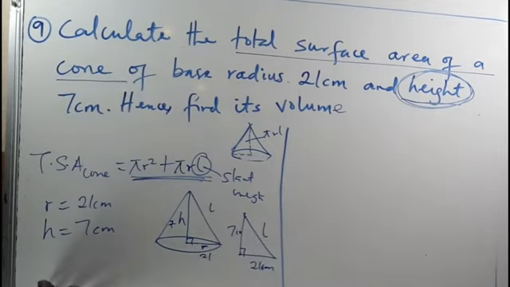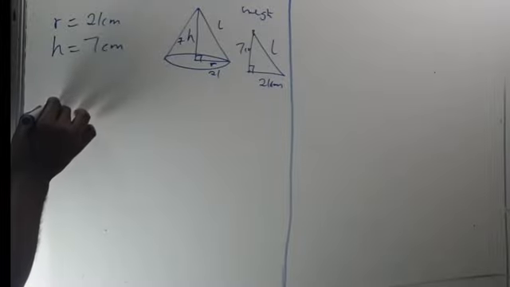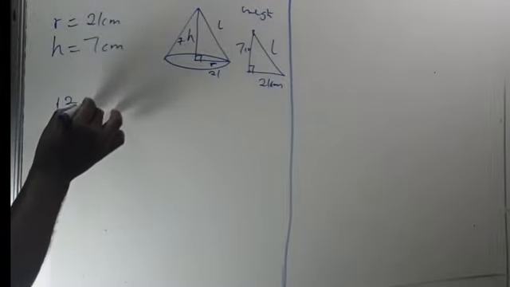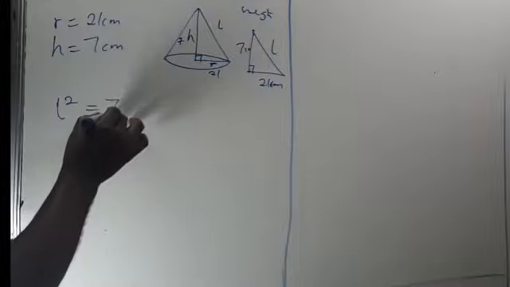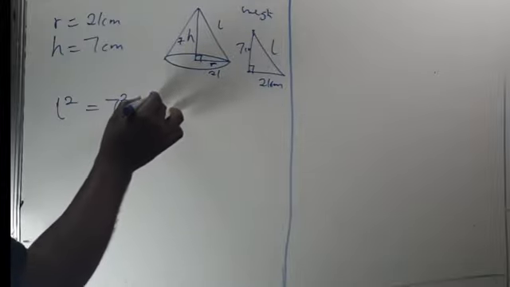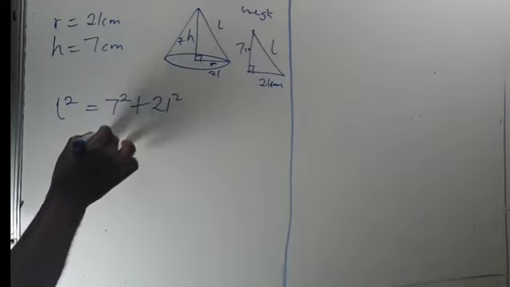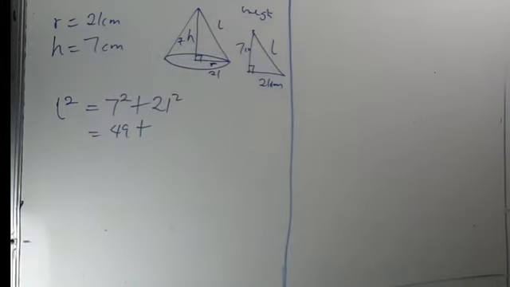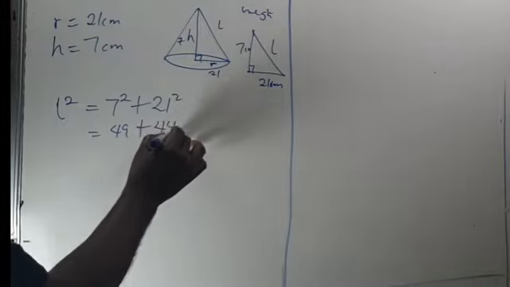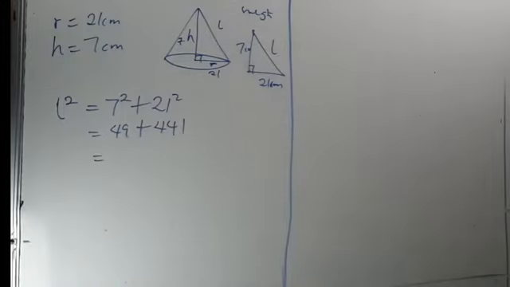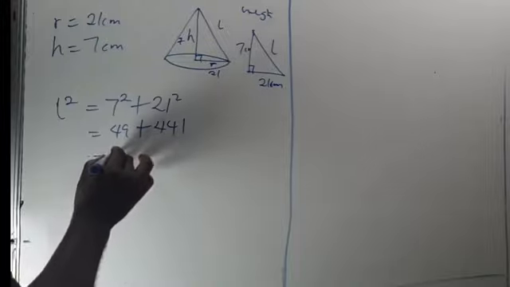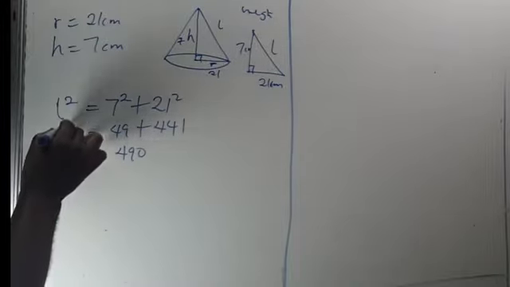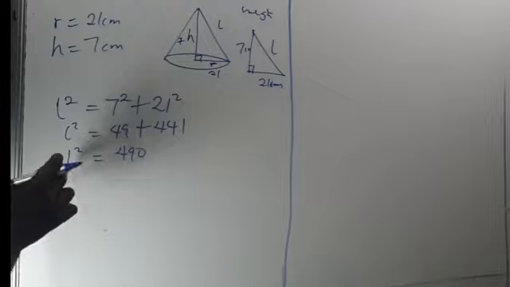So L squared equals 7 squared plus 21 squared. This gives 49 plus 441, and adding them together gives 490. Don't forget, we are looking for L, not L squared.